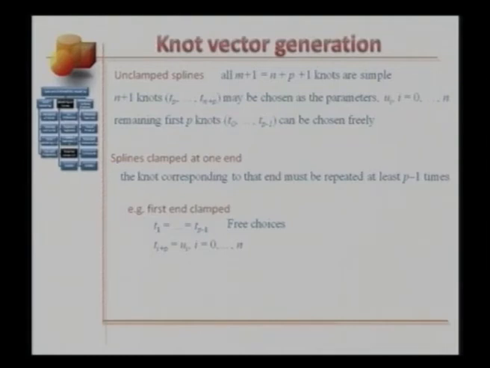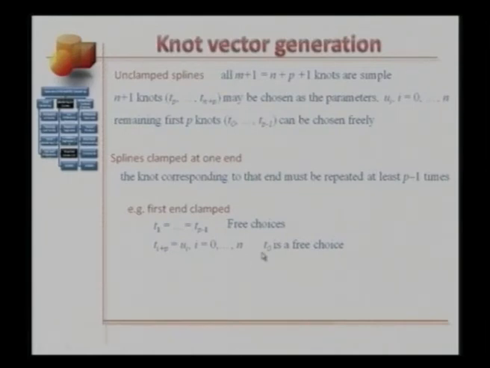Now, the knots Ti plus p can be set to be equal to U of I, that we would have computed using the different parameterization schemes we have discussed just now. The index I is going from 0 to n. How about T sub 0?